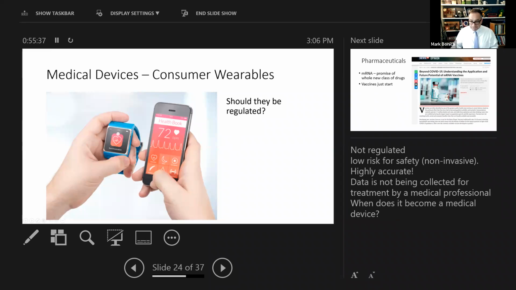I recently heard or read a study, I can't remember which, that the sensors on an iWatch are now sensitive enough that they can tell if you're having a heart attack before you even feel that you're having one. It's kind of incredible. So the question would be, is an iWatch, because it has that capability, a medical device? And if so, should people be able to have that information or not?